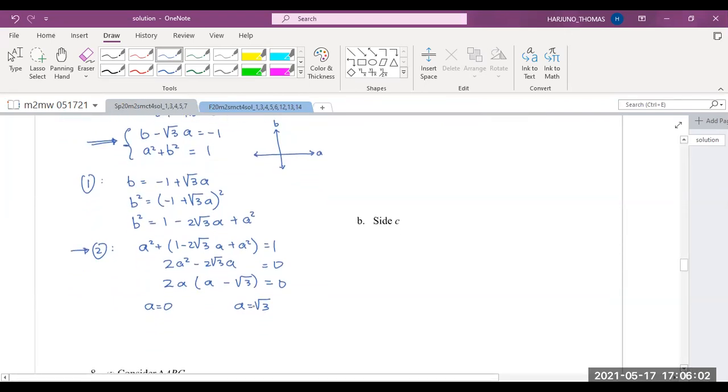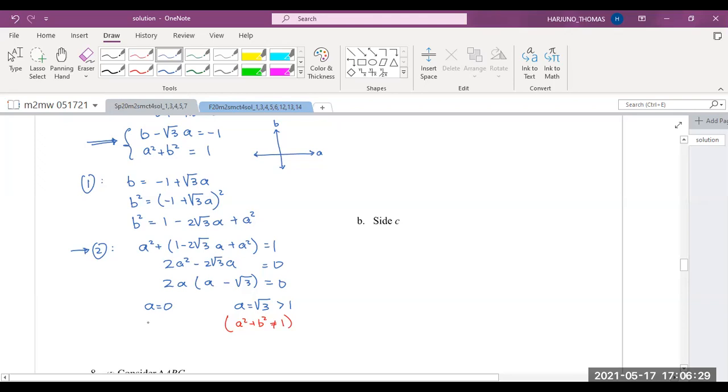But a equals radical 3 is greater than 1, right? So under no situation will a squared plus b squared equal 1, because the distance from the origin is already more than 1. So only a equals 0 is left.